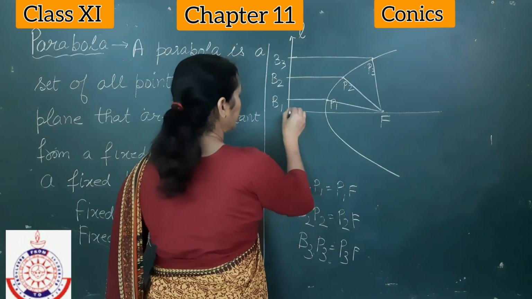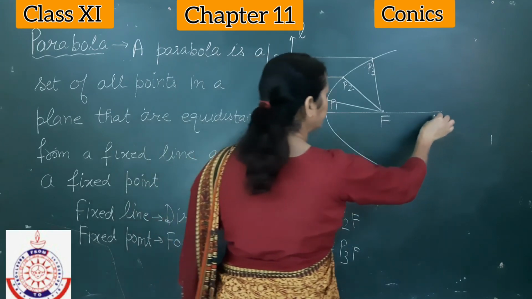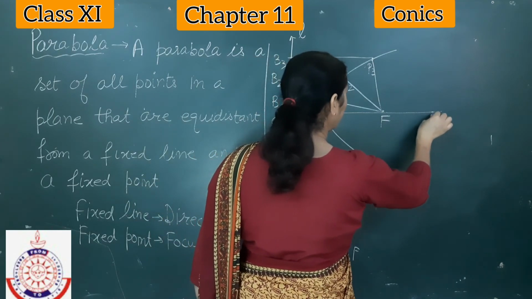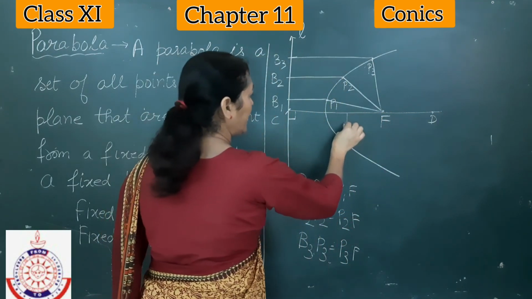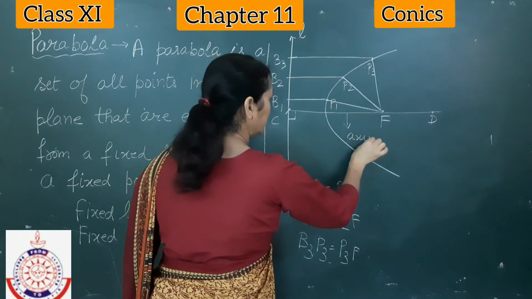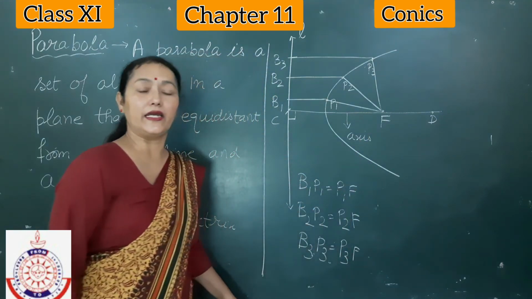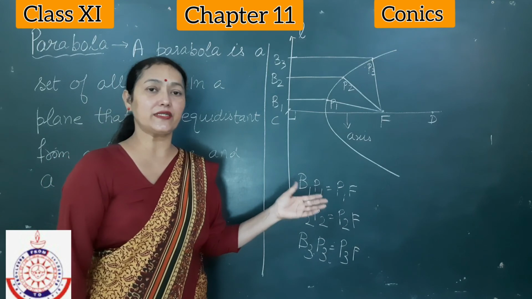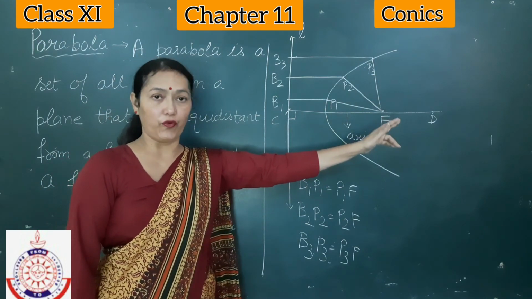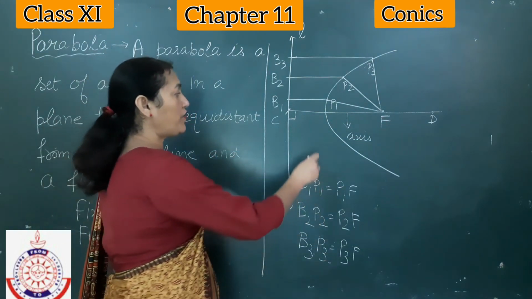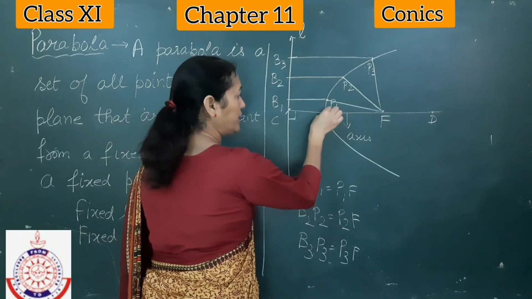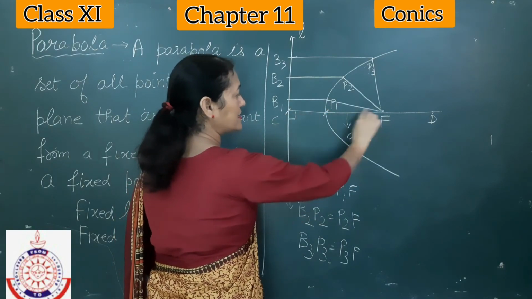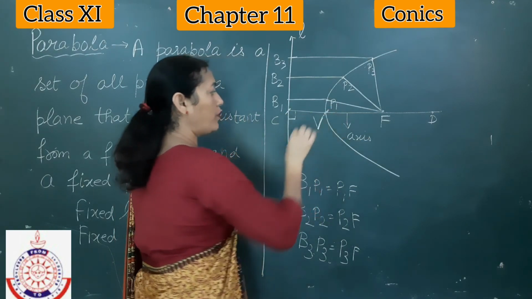Suppose we name it CD. So what is the axis? A line perpendicular to the directrix and passing through the focus. And the point of intersection where the parabola and the axis meet is called the vertex.